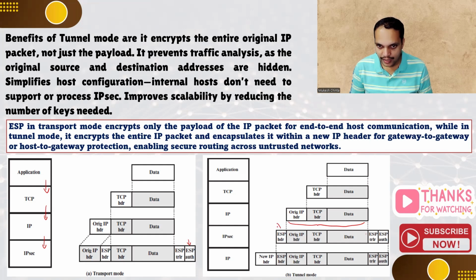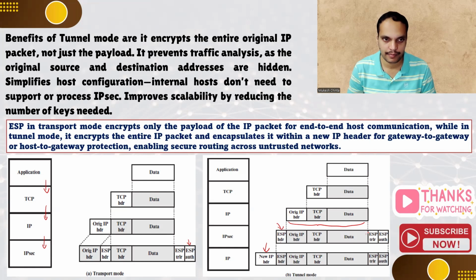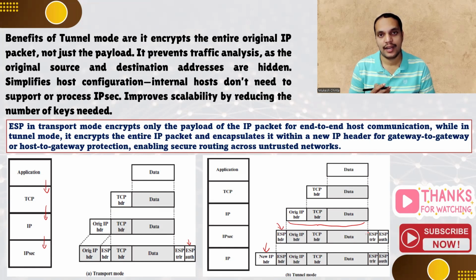You have a new ESP header added here, and then you have a new IP header. This is not present here. All the remaining stuff, like your ESP trailer and the ESP authentication data, remains the same. So this is how ESP operates in both the transport and tunnel modes.